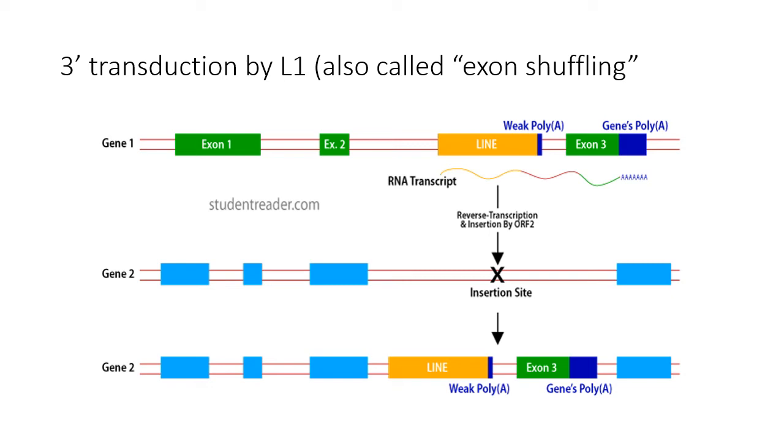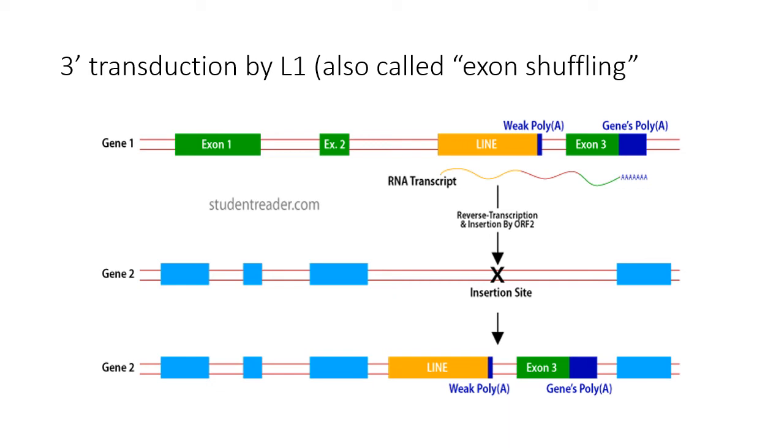So when the target site is chosen, you get target prime reverse transcription in the usual way, except it's going to be starting on the first gene, the source gene's poly-A, and including the source gene's exon 3. So what has happened is this exon 3 has been copied, moved from its original gene to another gene, basically extending that gene.